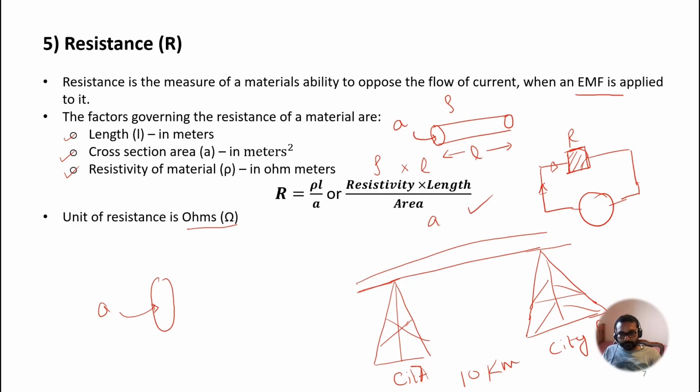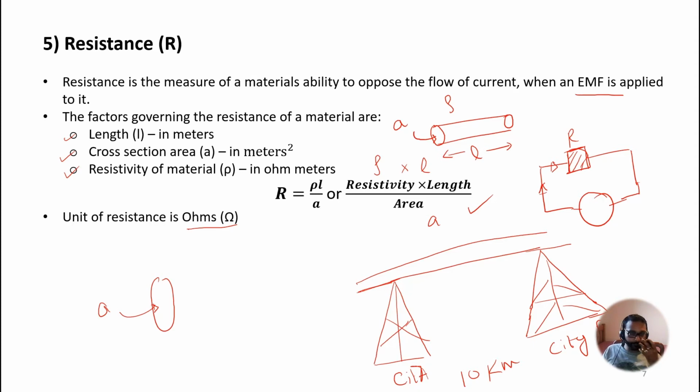Now resistivity. Resistivity is the inherent property of a material to resist the flow of current, right? For example, gold has the least amount of resistivity, or its resistivity is quite low, whereas aluminium has relatively higher resistivity. So obviously we cannot use gold to make these wires just to reduce the resistivity.